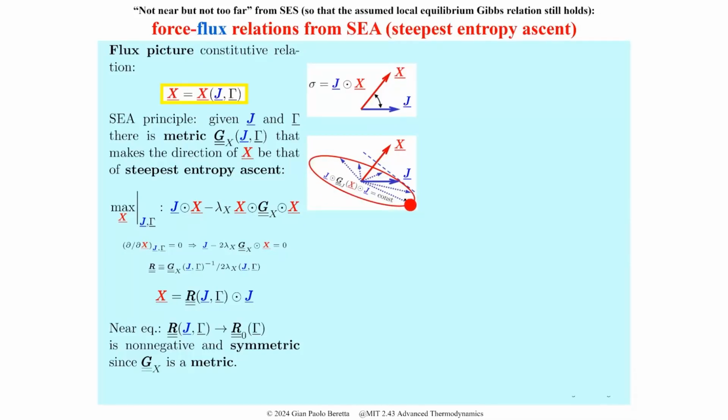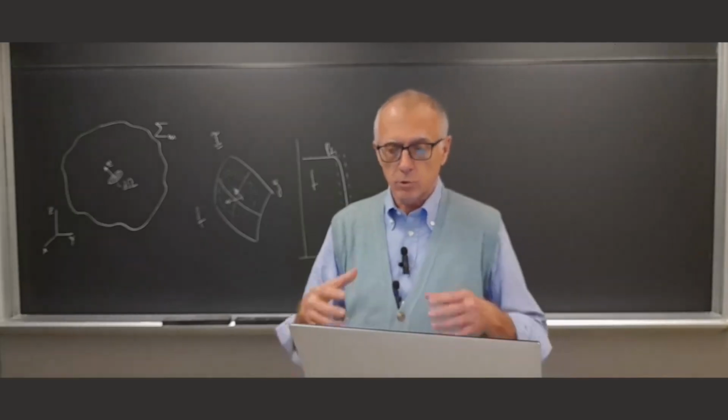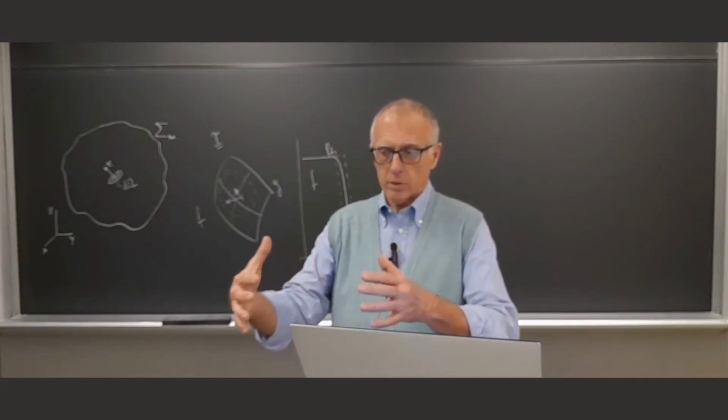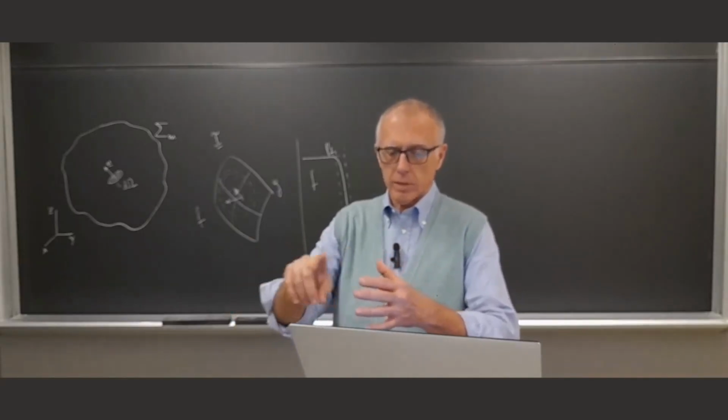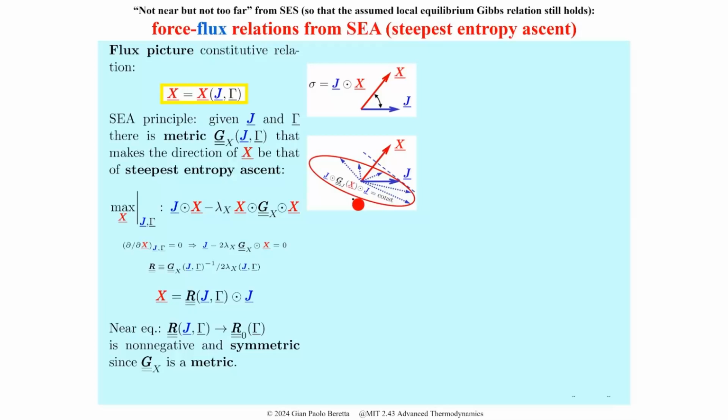So it expresses exactly mathematically the wordy description that I gave. There is a metric that describes this ellipsoid, tells you for a given distance I want to move, which one is the best direction, and best is in terms of maximizing the rate of entropy production.